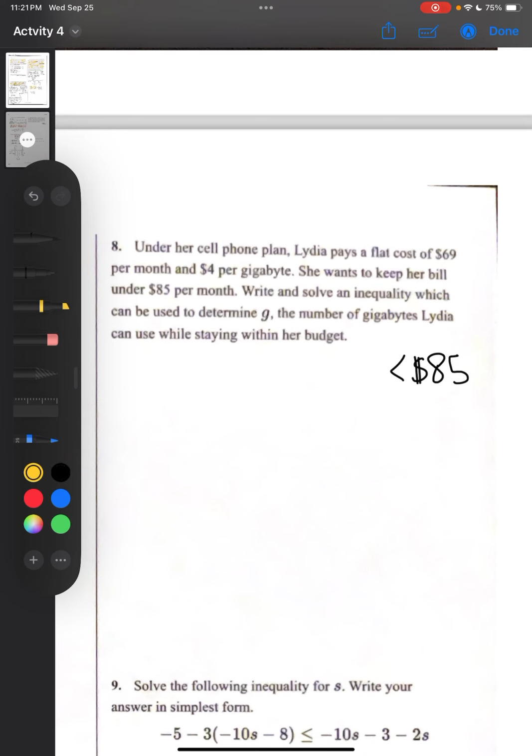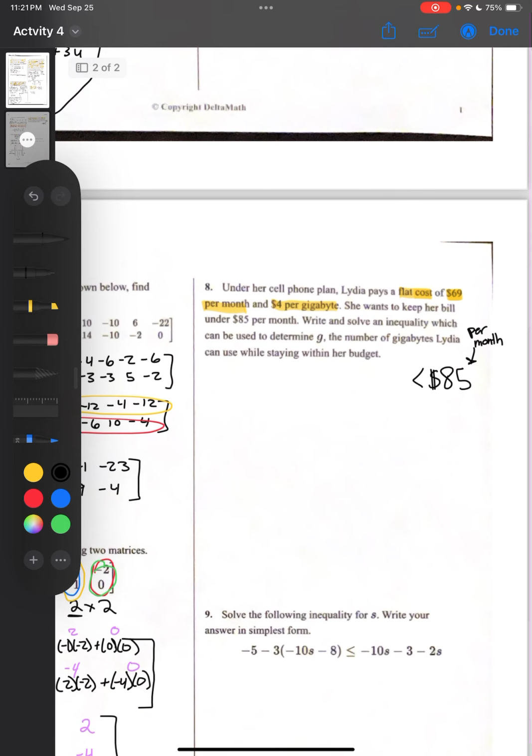It says write and solve an inequality which can be used to determine G, the number of gigabytes Lydia can use while staying within her budget. So key things here are the flat cost per month and $4 per gigabyte. Now this 85 is per month. This is not per year, so we do not have to worry about that.